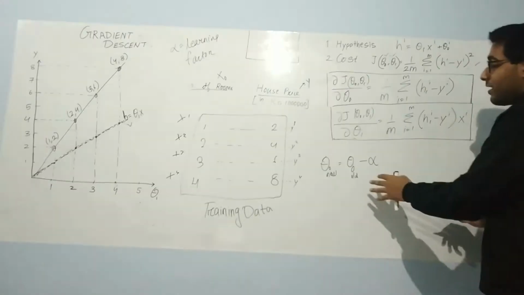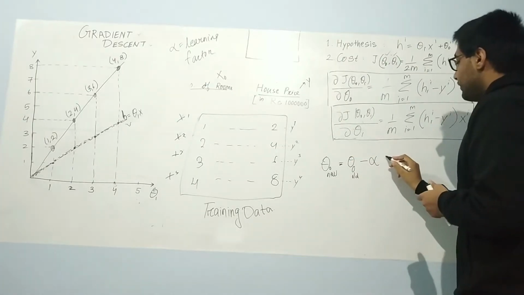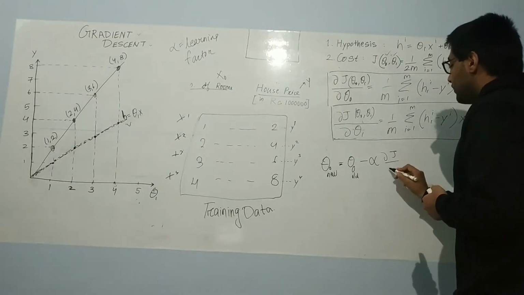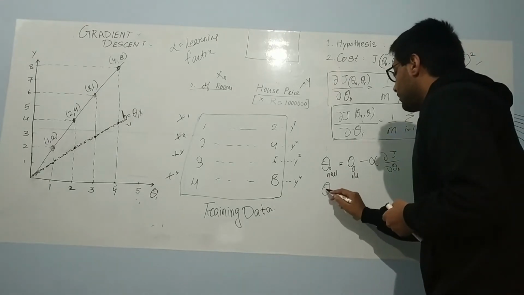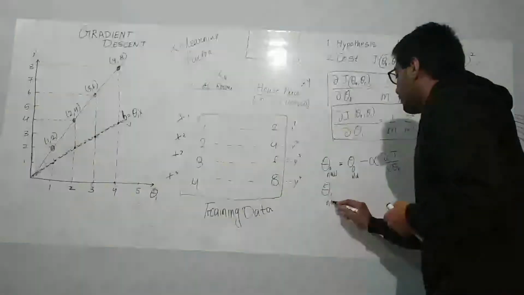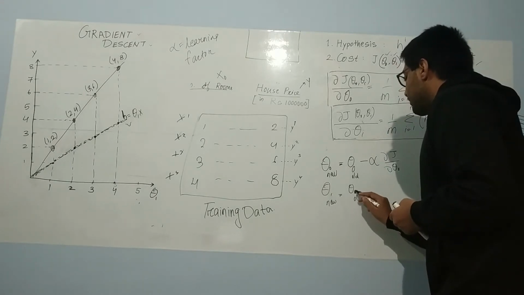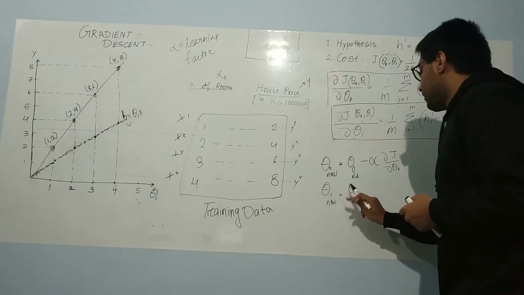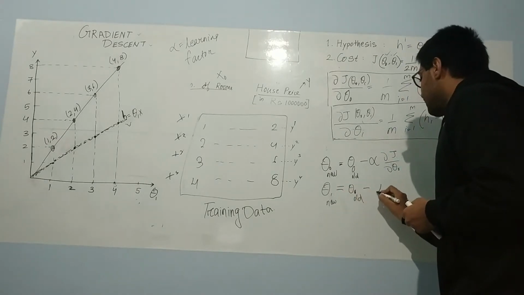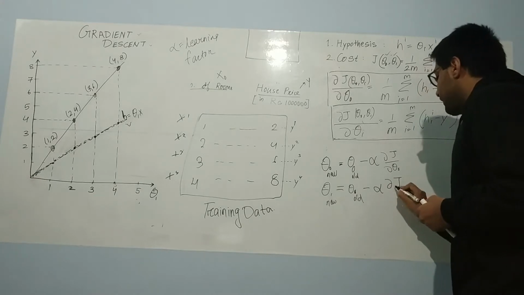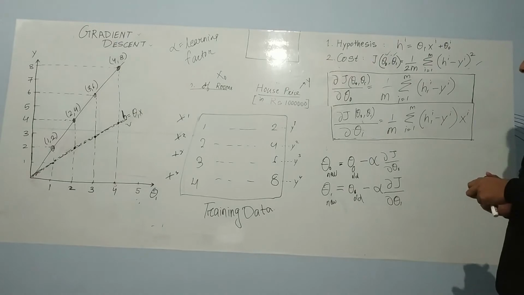So theta 0 new equals theta 0 old minus alpha times the derivative of J with respect to theta 0, and theta 1 new equals theta 1 old minus, again, alpha times the derivative of J with respect to theta 1.